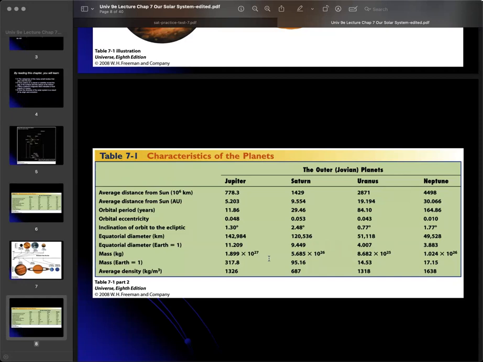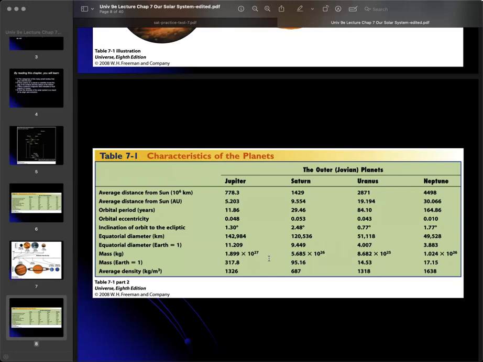Orbital eccentricities, all of them quite small. Nothing to note. Inclination of orbit to the ecliptic, also very small, hardly noticeable. Equatorial diameters compared to Earth, that is interesting. Like I had mentioned, Jupiter has an equatorial diameter of about 11.2 Earth diameters.